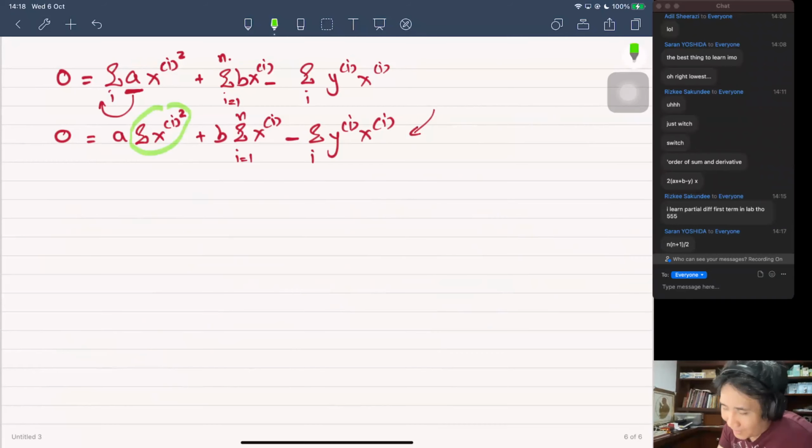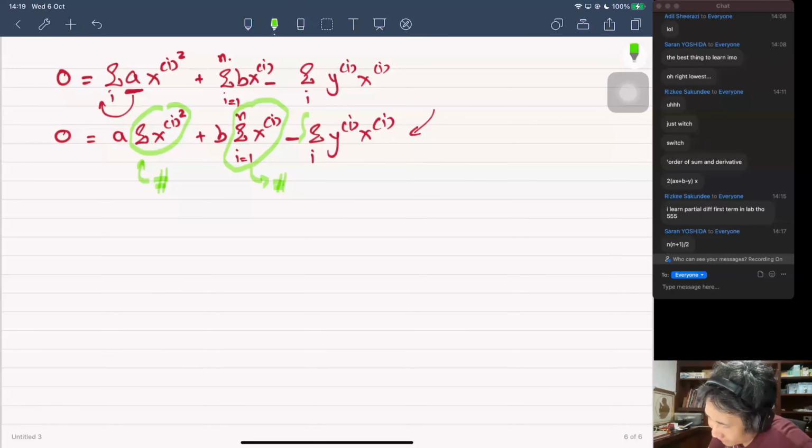So if you think about it, this guy is a number. If you have all the data points, it's very easy. You sum all the x squared. That's all you need to do. And also this guy is also a number, like 10, 5, 12 by 2. And this guy is also a number. Are we good?